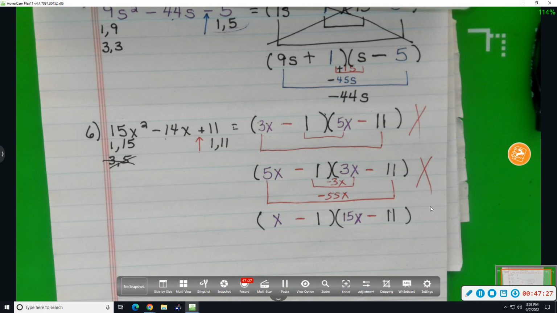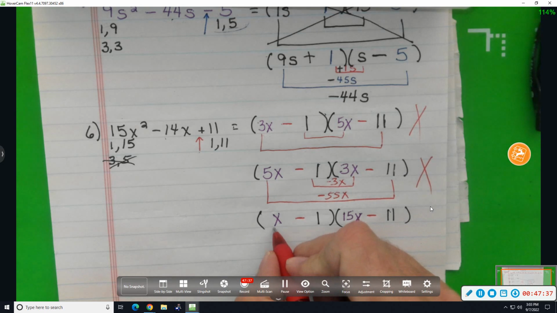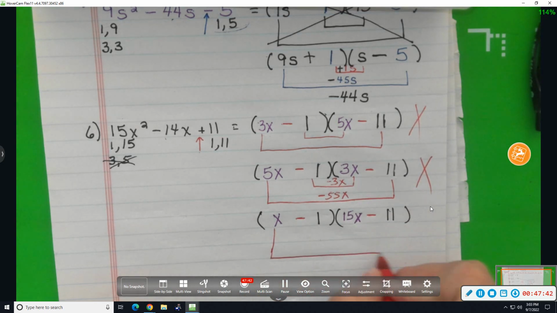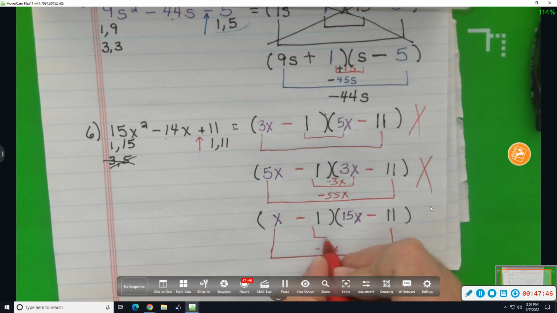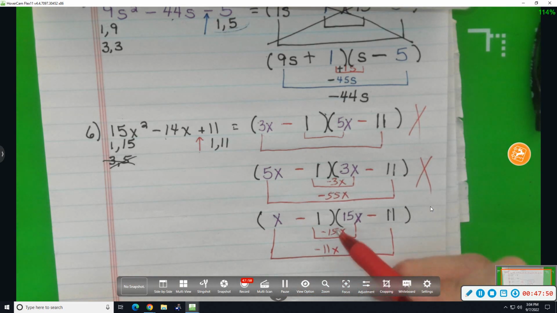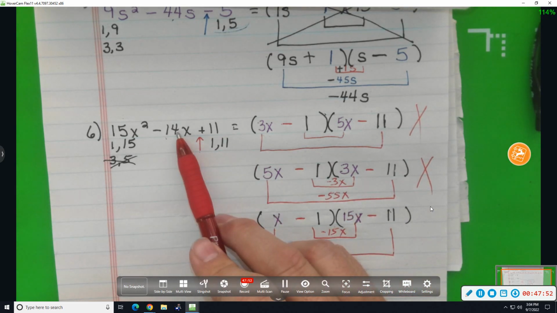If y'all do the little marks in the outer and inner, is that going to give me a negative 14x? No. Yes, you're right. It's not. You'd have a negative 11x and a negative 15x. Those don't add together to give a negative 14x.